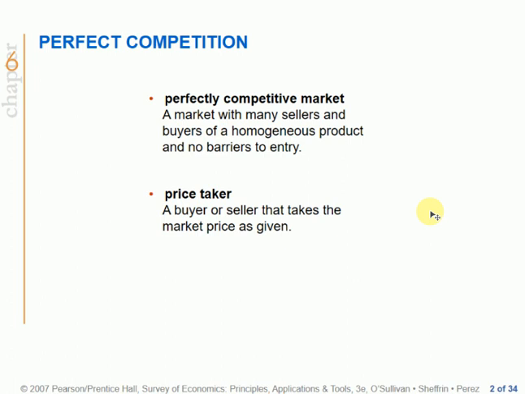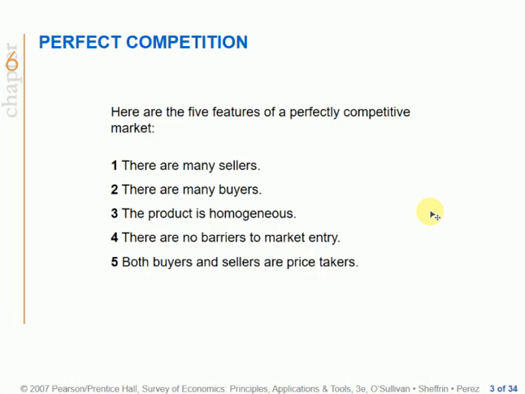So no individual buyer and no individual seller can decide about the price. The five most important features of a perfectly competitive market can be summarized as follows: there are many sellers, there are many buyers, the product is homogeneous, there are no barriers to entry, and both buyers and sellers are price takers.